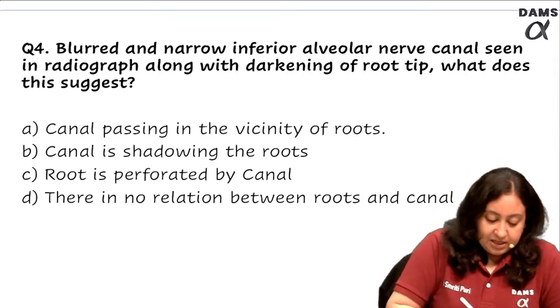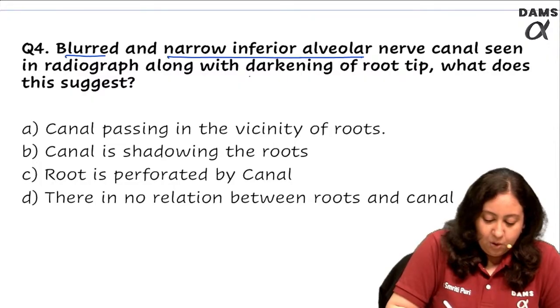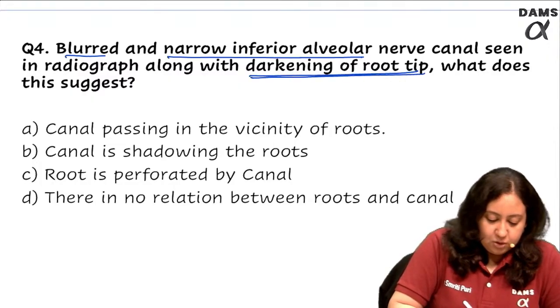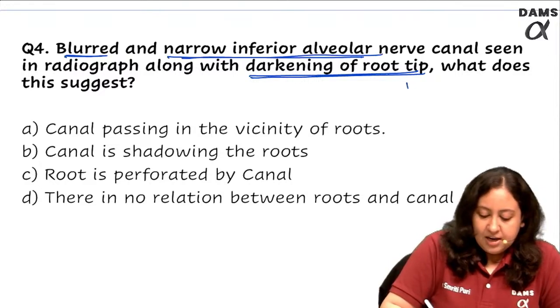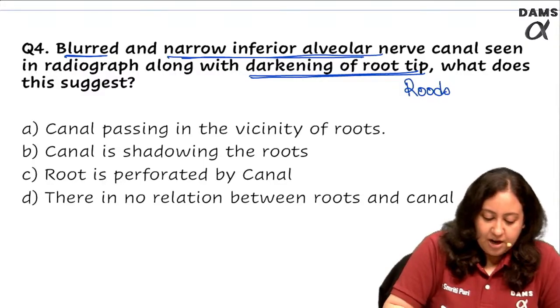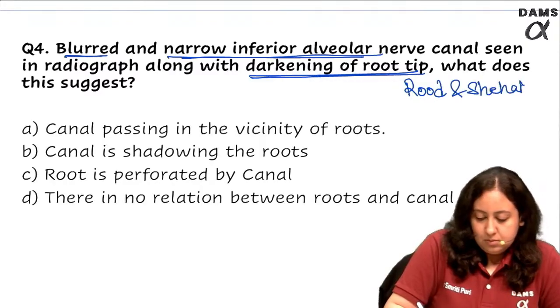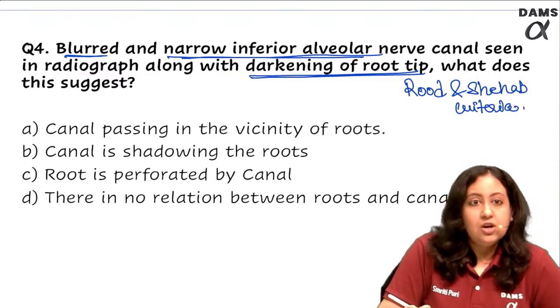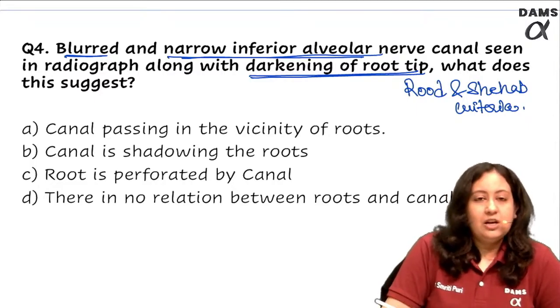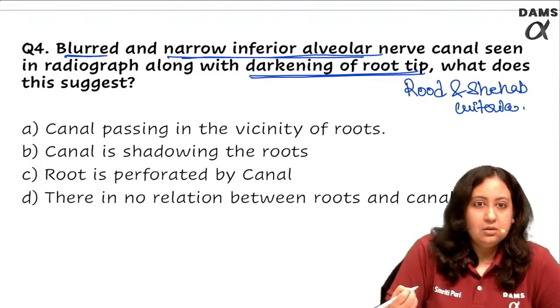Okay, so it says blurred and narrow inferior alveolar canal seen in a radiograph along with darkening of root tip. So basically the question is telling you certain Rood and Shehab criteria. Based on this you have to judge what is the relationship of the root and the canal.